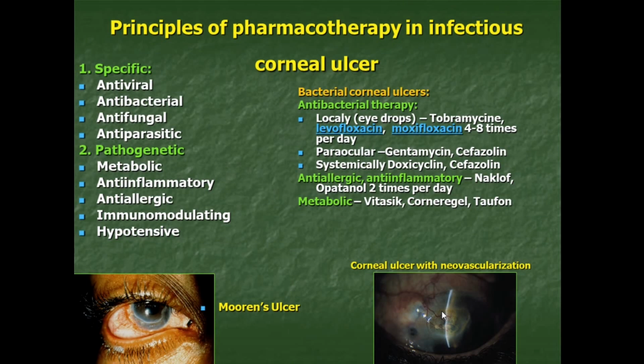Also, we should prescribe antibiotics systemically, like doxycycline, cefazolin, moxifloxacin. We should add anti-allergic and anti-inflammatory drops like Naclof, Opatanol, and in the stage of regression, we should add metabolic therapy which improves epithelialization like Corneregel, Taufon, Vitasik.